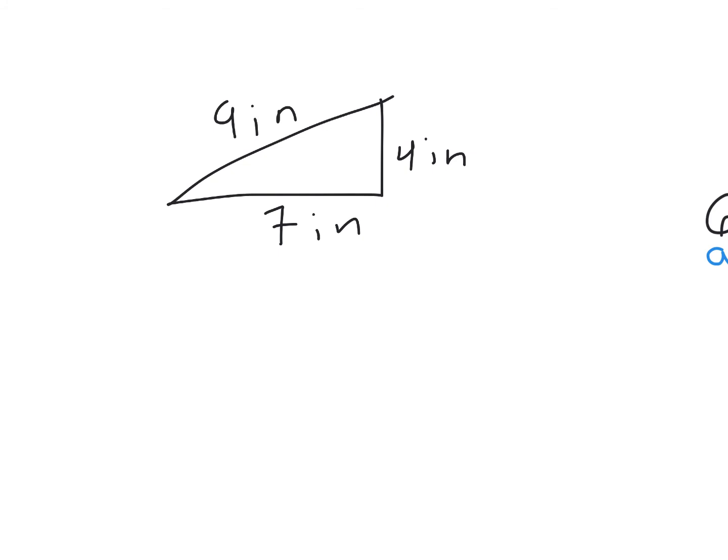Well, one way that we can figure that out is by testing to see if a squared plus b squared equals c squared. This here looks like it could potentially be a right angle, which would make our two shorter sides, 4 and 7, A and B, and our opposite line would be C. We're going to see if these values make this equation true.